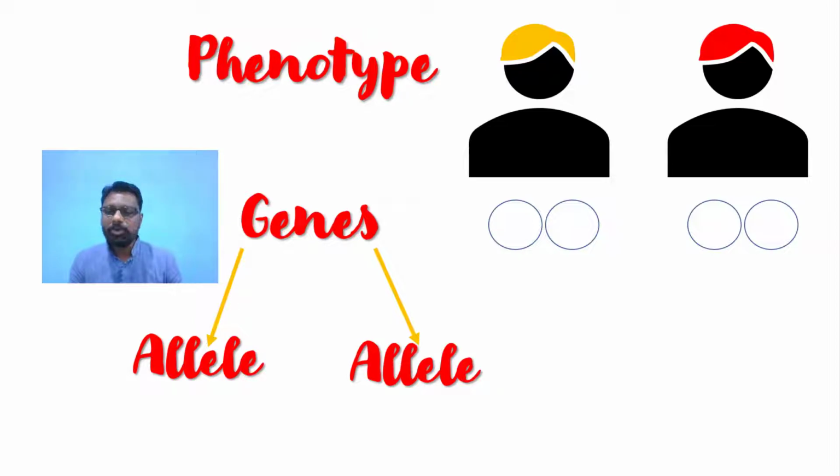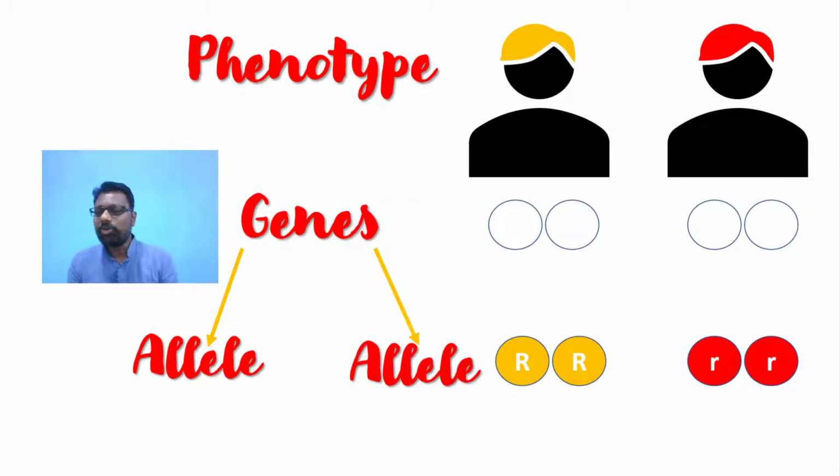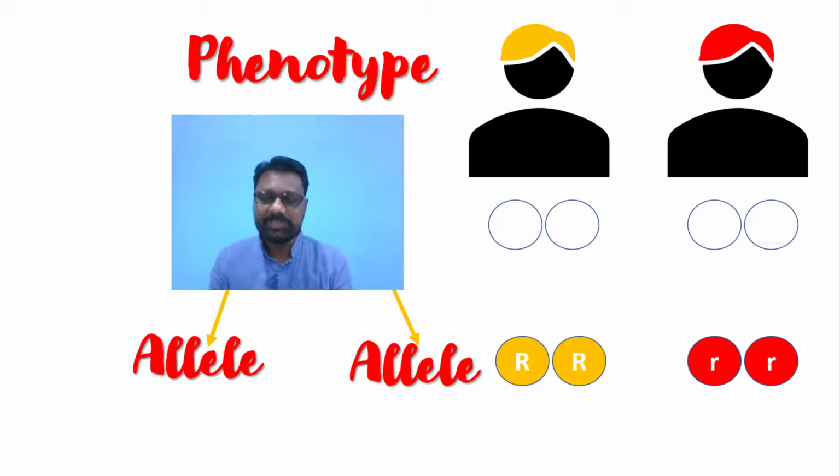The alleles which code for non-red hair are big R, big R. The alleles which code for red hair are little r, little r. This is how we can define a phenotype, which is a purely physical manifestation of a gene.